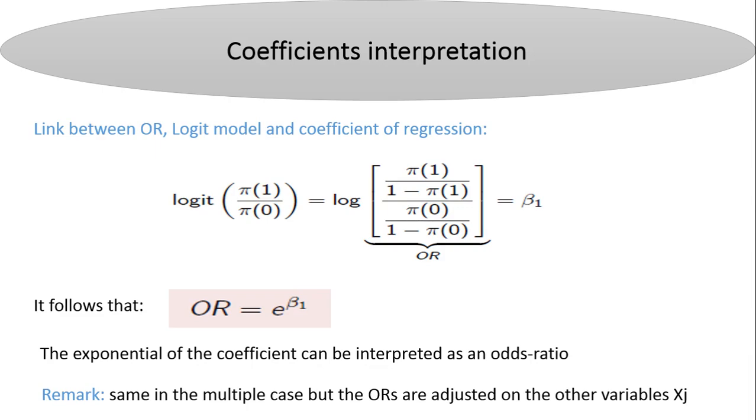So the exponential of the coefficient can be interpreted as an odds ratio, as we showed in the calculation a minute ago, the exponential of beta 1.